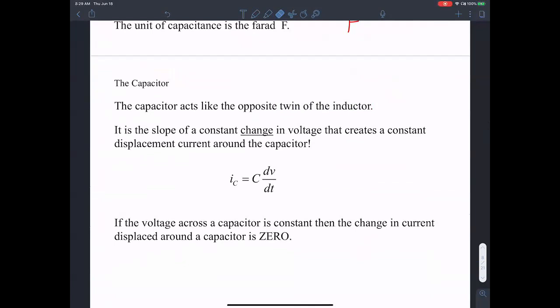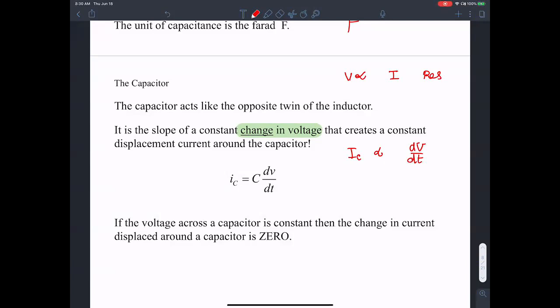It's the slope of change in voltage that creates a constant displacement. Again, V was proportional to I in a resistance. In a capacitance, the current around the terminals is proportional to the rate of change of voltage.